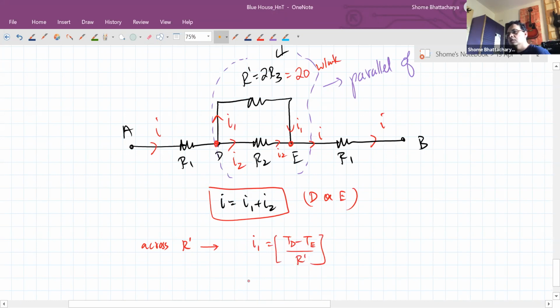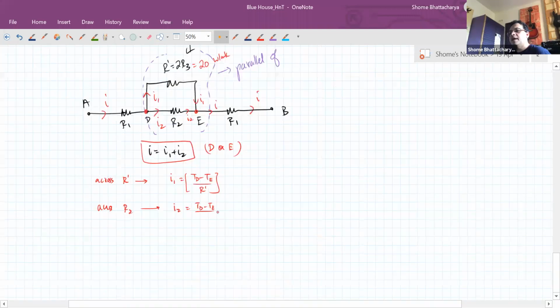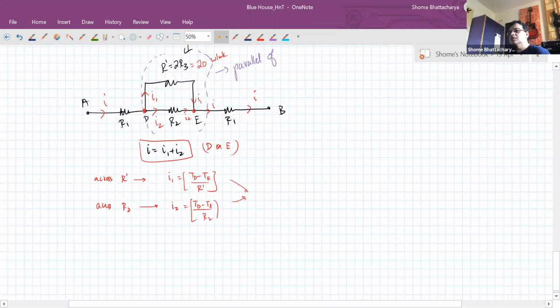Similarly, across R2, I2 is equal to the same temperature difference, since they are in parallel, divided by the resistance R2. Remember, in a parallel combination the current splits. If you take the ratio of these two, I1 by I2, the current splits in inverse ratio of the resistances.